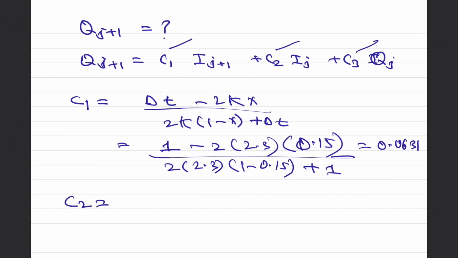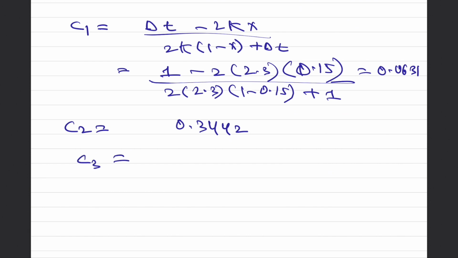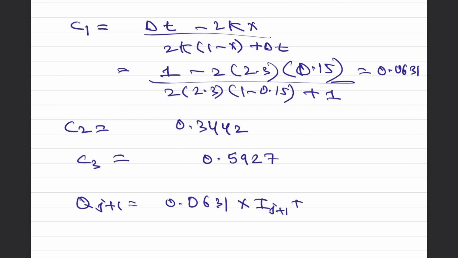Similarly, C2 comes out to be 0.3442 and C3 comes out to be 0.5927. So we can say that Qj+1 is equal to 0.0631 into Ij+1 plus 0.3442 into Ij plus 0.5927 into Qj.